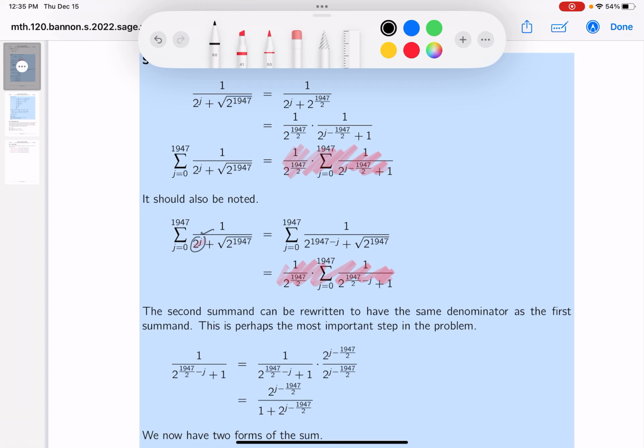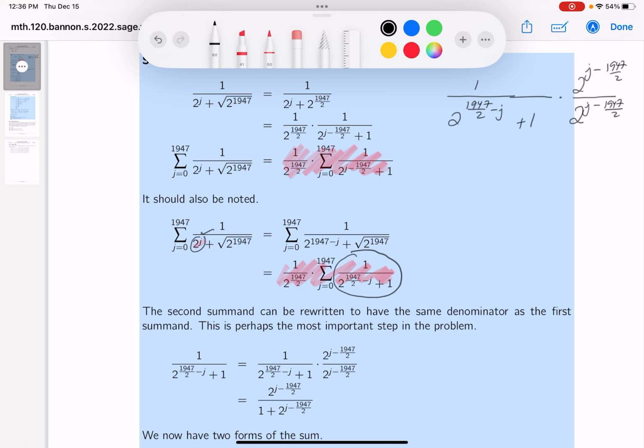So I'm going to take a look at this guy here, and I'm going to rewrite it. I'm seeing 1 over 2 to the 1947 over 2 minus j, plus 1. And I'm going to multiply top and bottom by 2 to the j minus 1947 over 2.